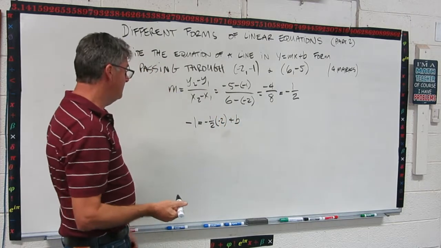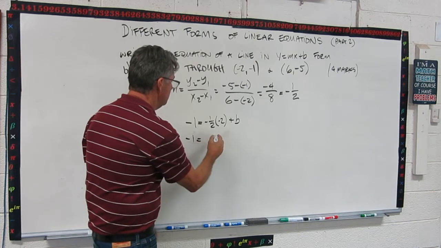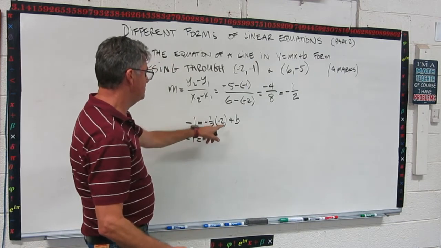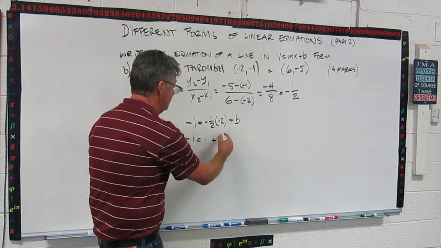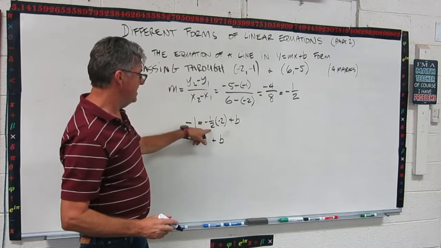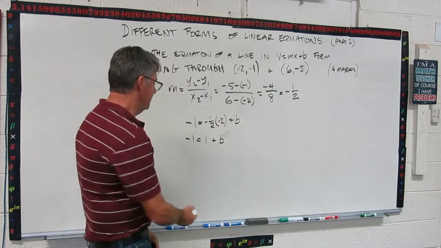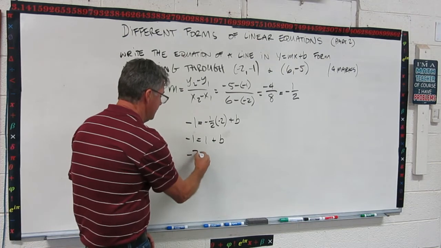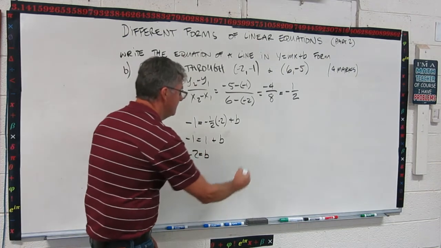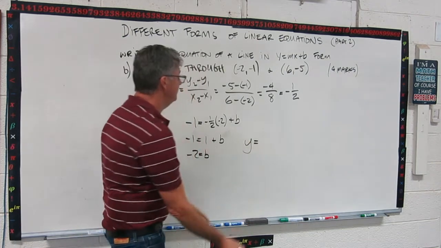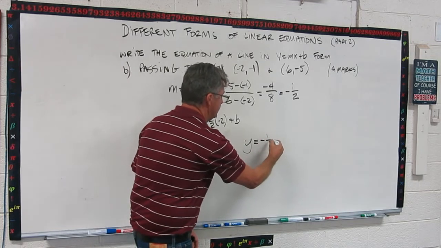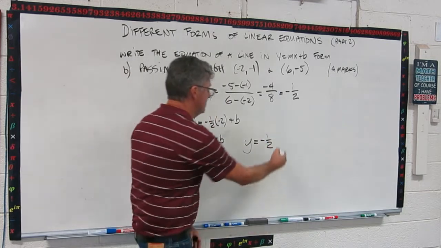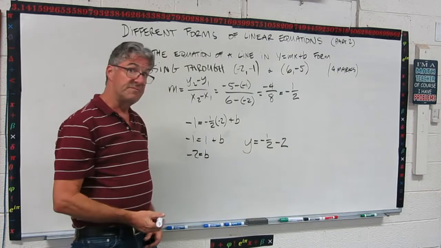Now we can solve for b. This is -1 equals -1/2 times -2, which is 1, plus b. Now I'm going to subtract 1 from each side and get -2 equals b. So my equation is y equals -1/2 x, plus b, which is -2. So there's my line equation.